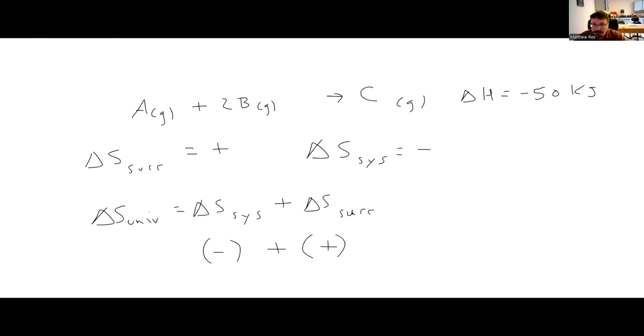This is going to happen when T is small, because we're dividing our delta H by T. So we'll get a larger positive value when T is small, and there's a greater likelihood that the positive term will be larger in magnitude than the negative term. So it should be spontaneous at low temperatures, which is C.